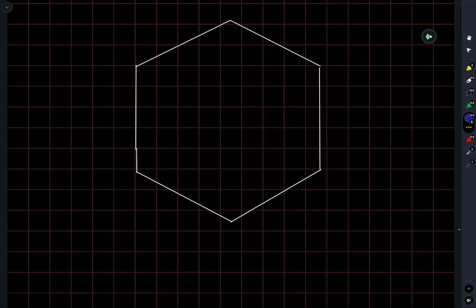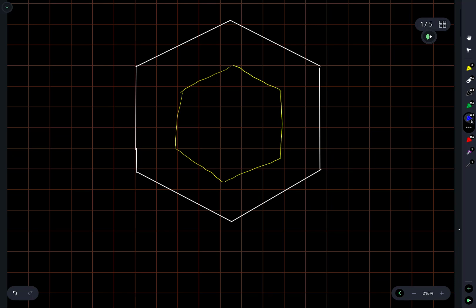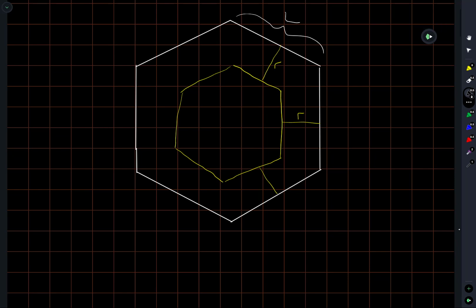So there's going to be a hexagon, I'm sure it'll be a hexagon in here that we need to compute the area of, where all these distances are equal to r. And that's L. So what's an easy way to compute the size of this inner hexagon?